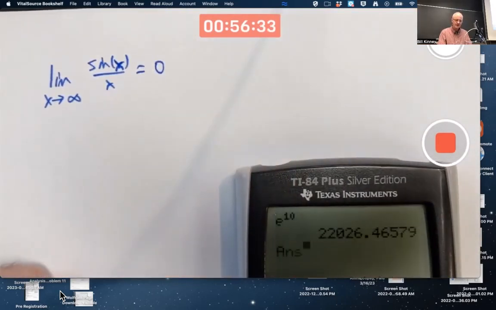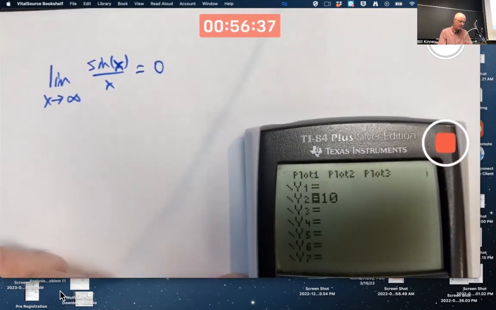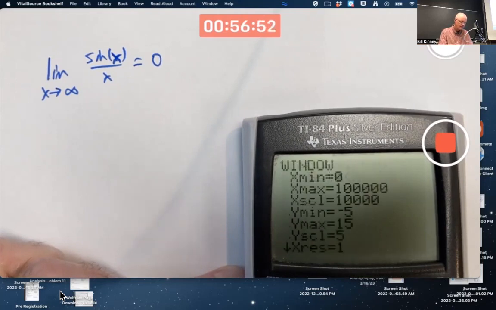Let's see it with technology here. Oops. Let's make that as well. Okay, we won't even see a graph at 0 because it'll be the x-axis. Sine of x divided by x. Let's not go out that far.